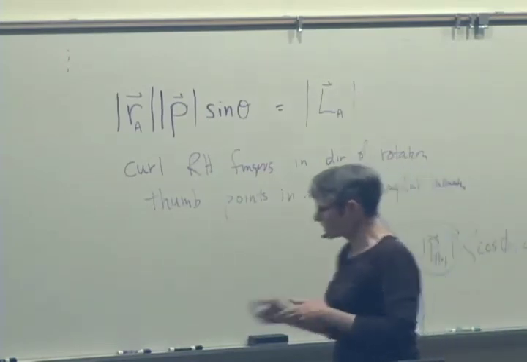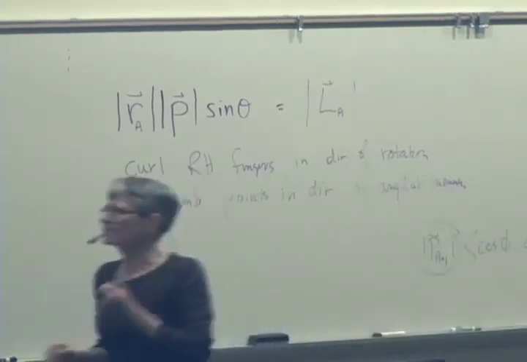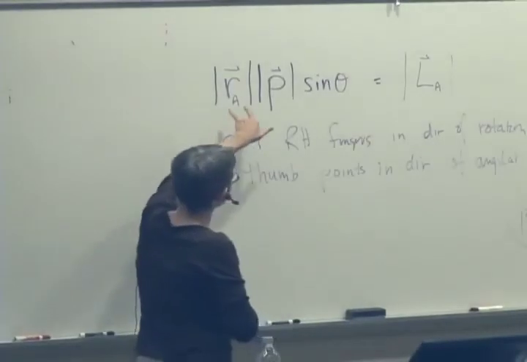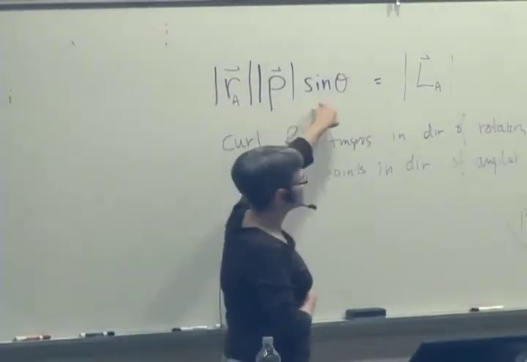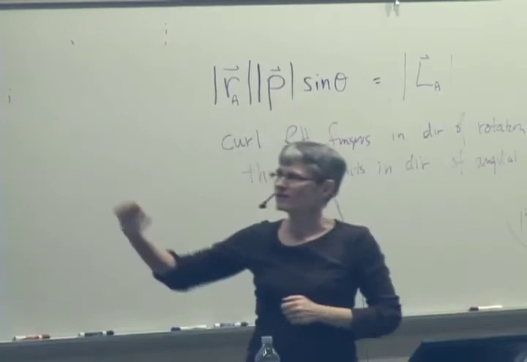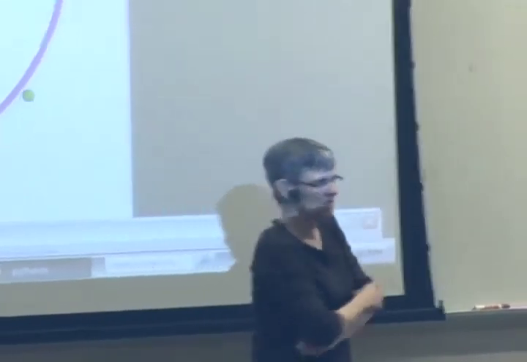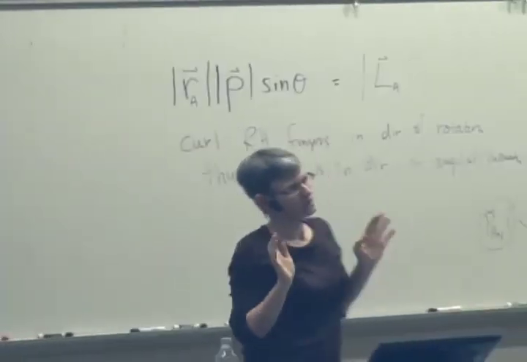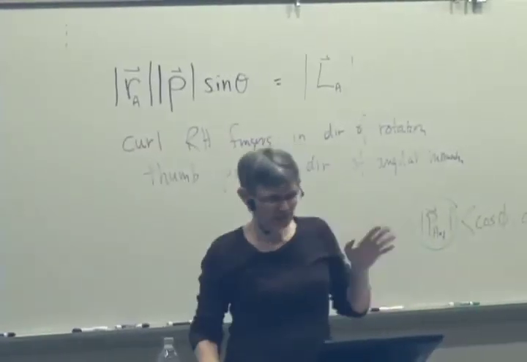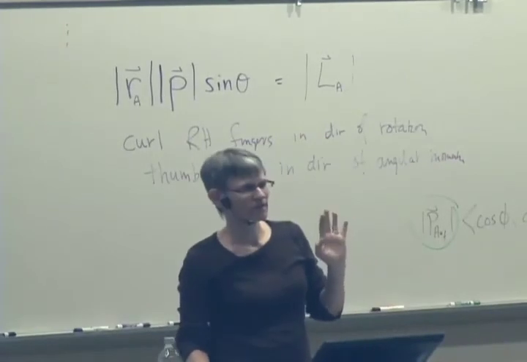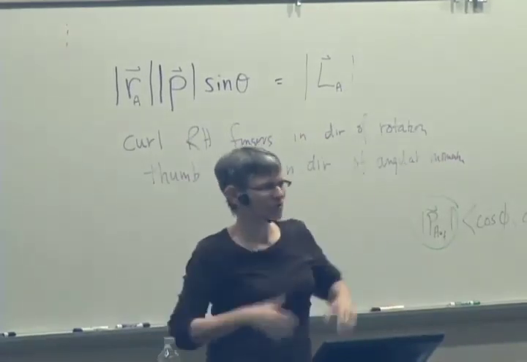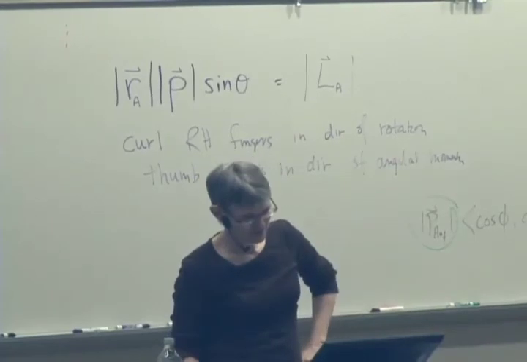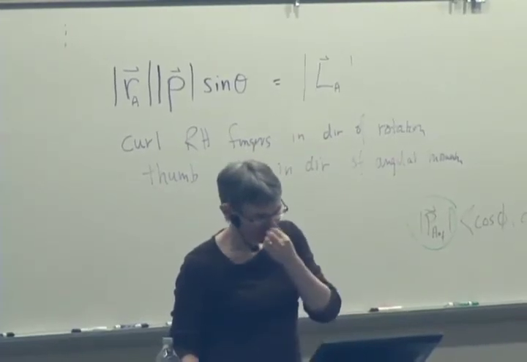So angular momentum actually can be represented by a vector. Its magnitude would be the magnitude of r times the magnitude of momentum times the sine of the angle, and then the direction is what you get with your right hand, curling your fingers around in the direction of rotation. Now, we're going to need something a little more mathematical than that eventually, because curl your right hand is hard to put into an equation, but we'll start with that.